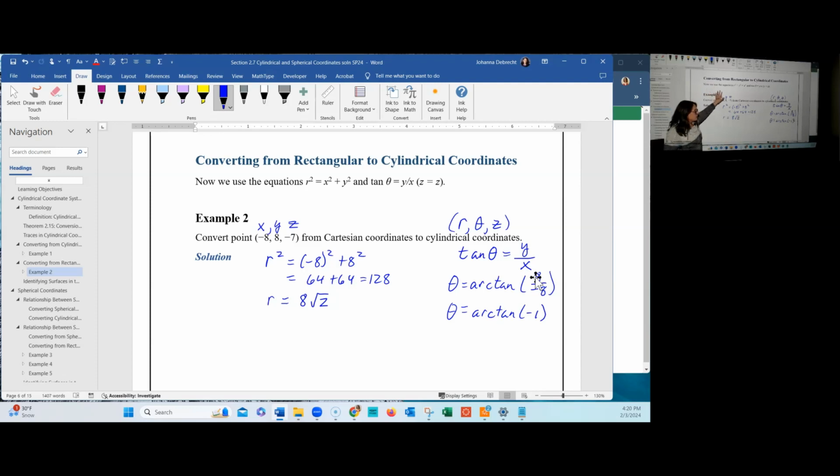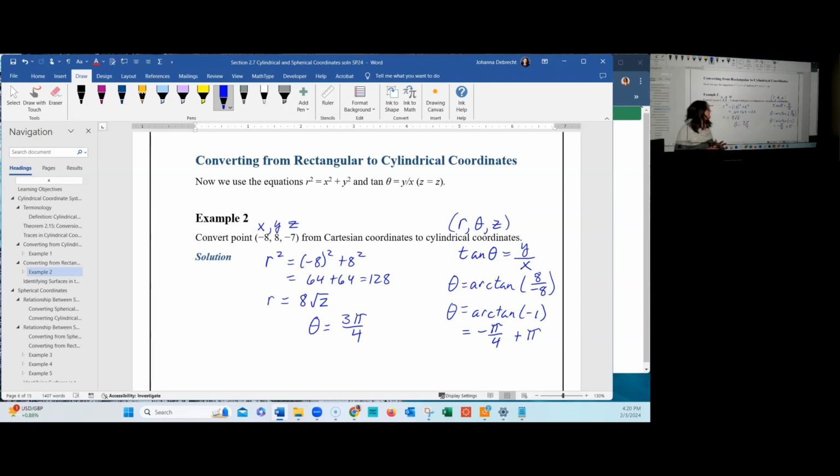The angle in quadrant 2 that has a tangent of -1 is 3π/4, not -π/4. The arctangent gives -π/4, but the actual angle is the one that is π radians opposed to it. So my theta is in quadrant 2, 3π/4.